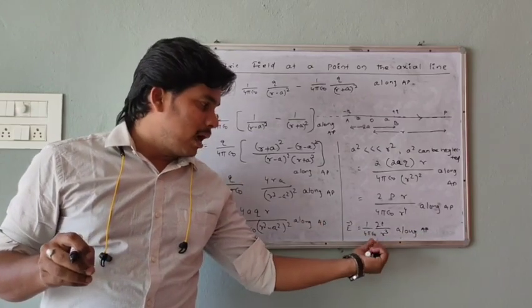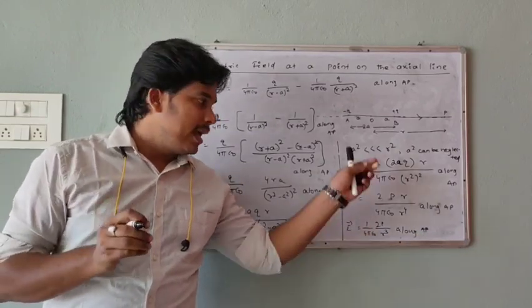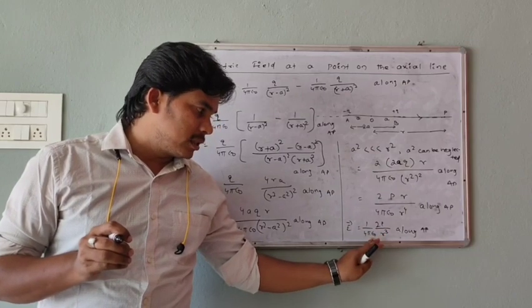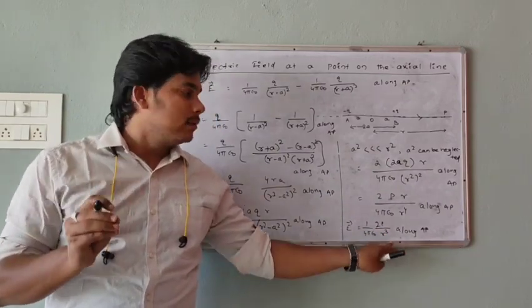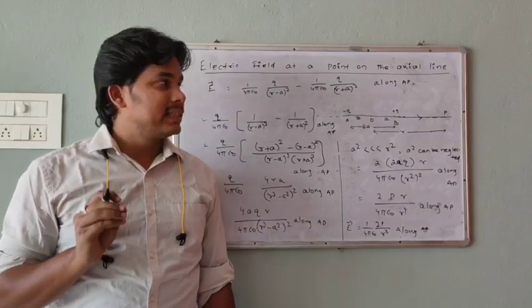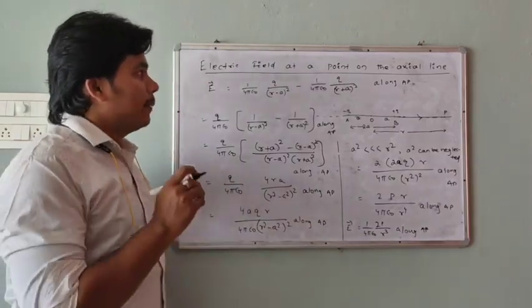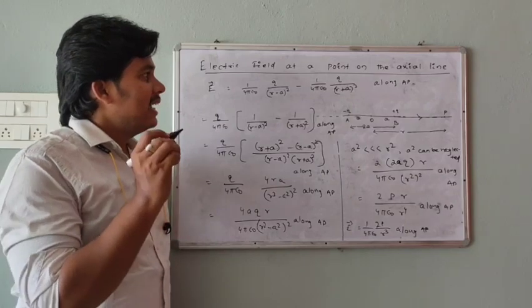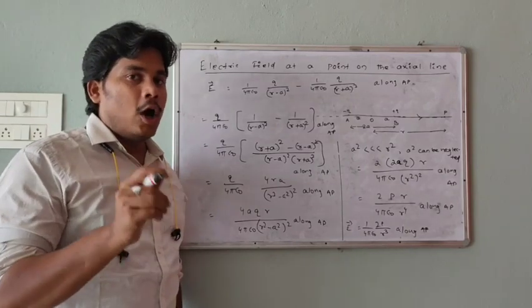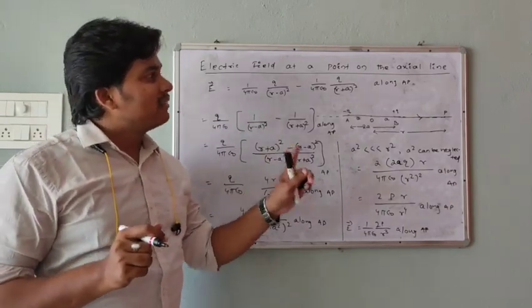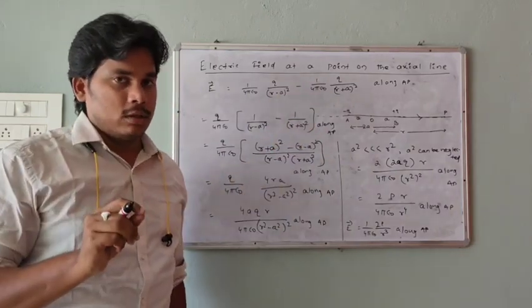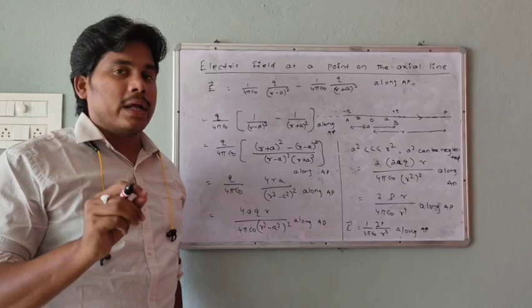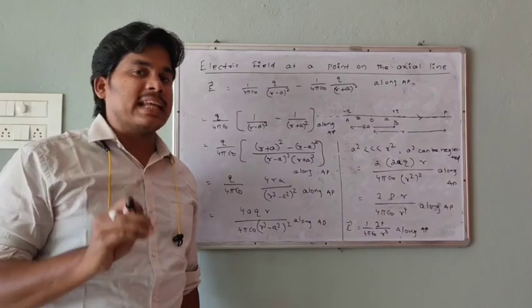Only to understand how we find the magnitude, I explained up to this much in the magnitude part, and later I added the direction part. The question may come in such a way: find the electric field intensity at a point on the end-on line, or at a point on the axis, or end-on position. Such words can be used.